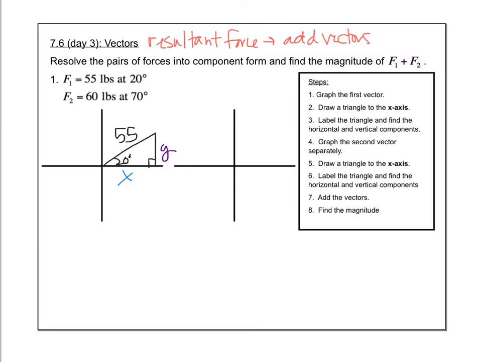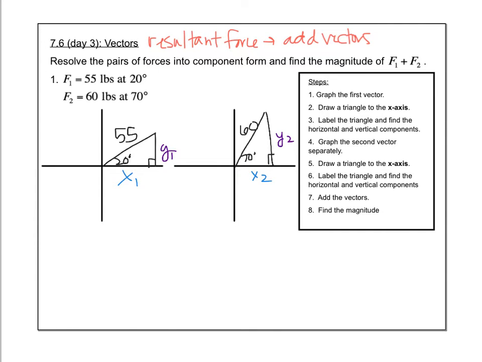Since this is the first one, we're going to call it x1 and y1. And then for the other one at 70 degrees, I know the force is 60, and we're going to find its components as well. We're going to call this x2 and y2. So we want to resolve both vectors first, which just means finding their components.